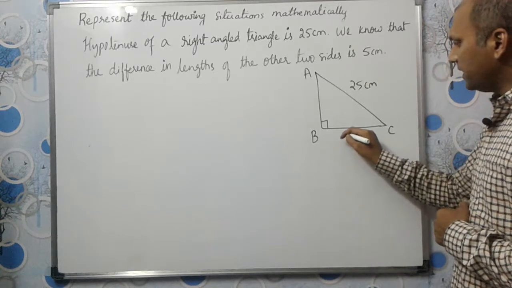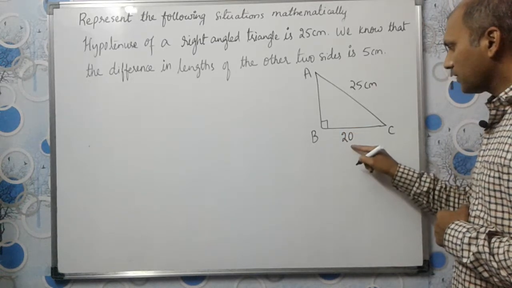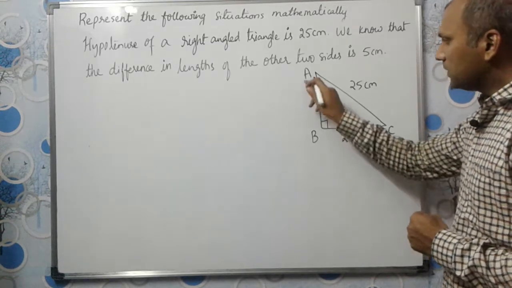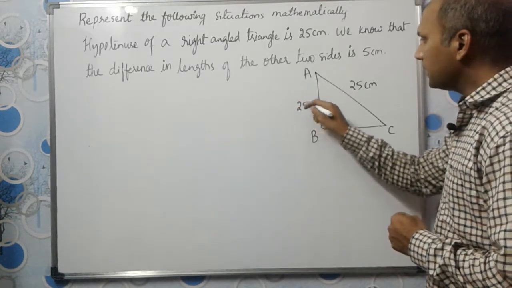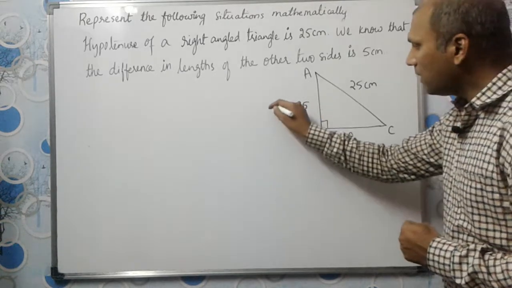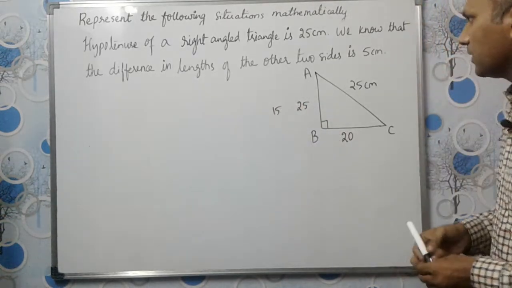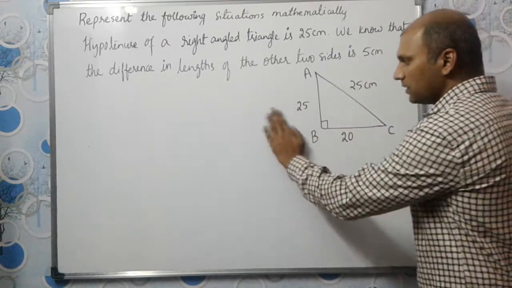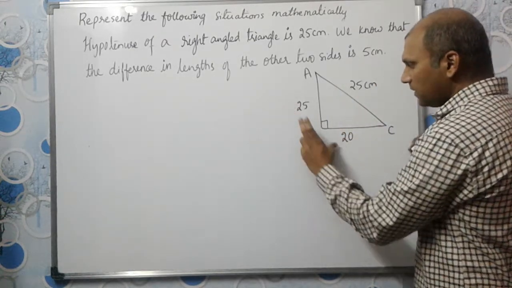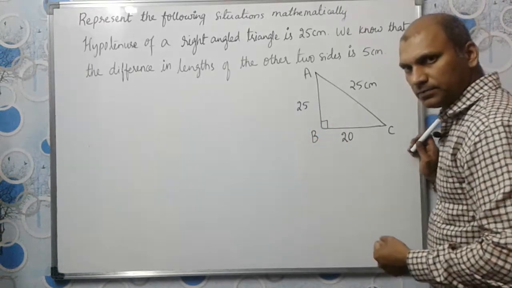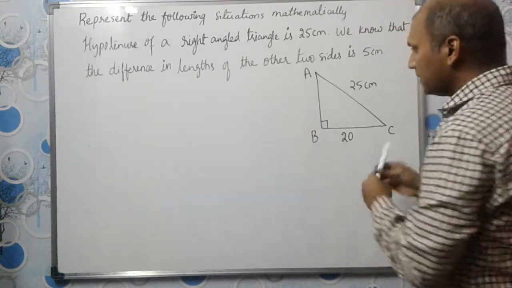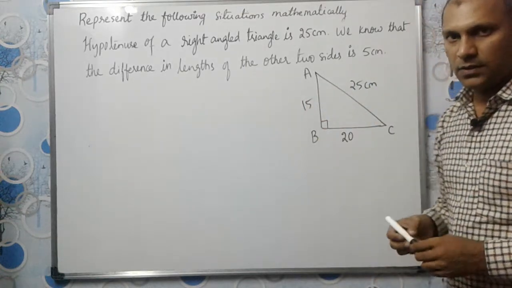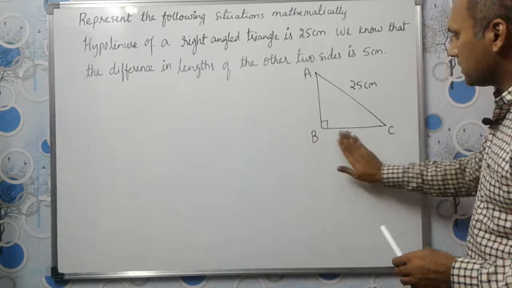See, if I take this as 20, for example, this side can either be 25 or it can be 15 also, because the difference between the sides should be 5. So see, what is the difference between these two sides? 5, right? If I take 15, can I take 15? Yes. What is the difference again? It is 5. All right, like this.